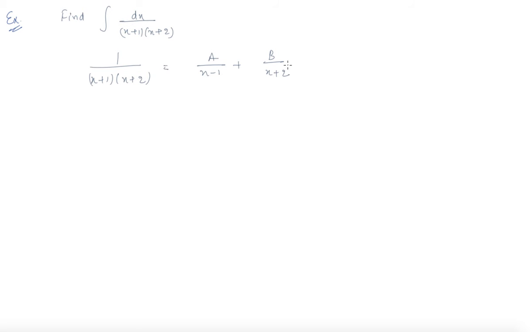After solving for A and B, we get A as 1 and B as minus 1. Students, you need to take the LCM here, x plus 1, x plus 2, then solve the right hand side and compare it with the numerator on the left hand side. Then you will get the values of A and B. Okay, I hope that you guys can easily do that.